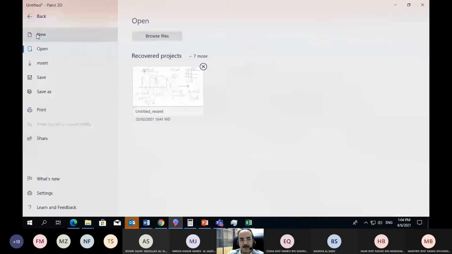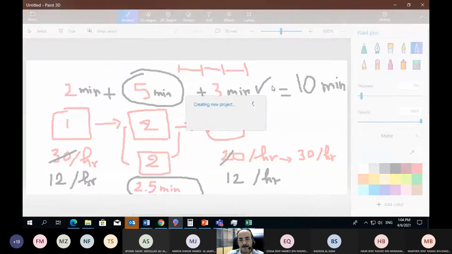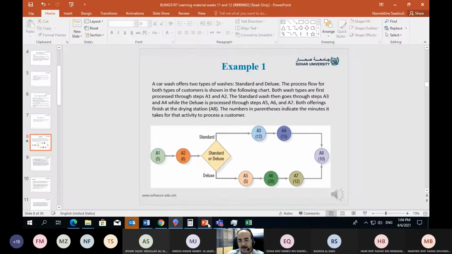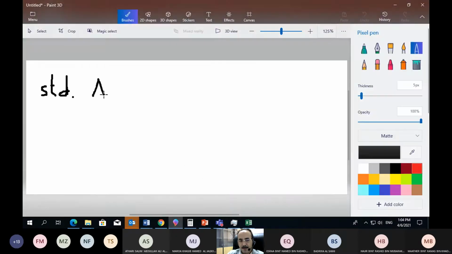If I take the example that we have here, for the standard, the bottleneck is A4, and it's 15 minutes per car.